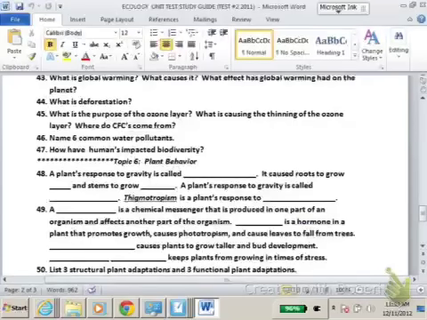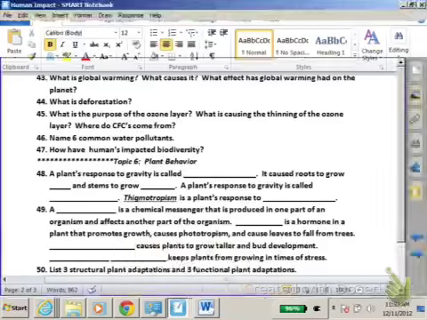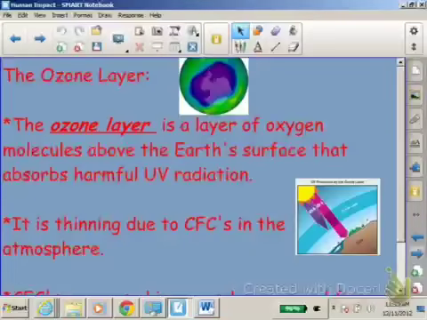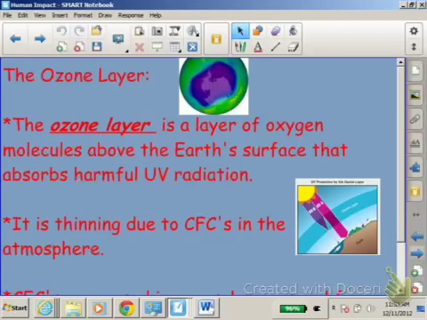Okay, number 45, what is the purpose of the ozone layer? What is causing the thinning of the ozone layer? And where do CFCs come from? Okay, so basically, the ozone layer is this layer of oxygen molecules above the Earth that absorb harmful UV light.